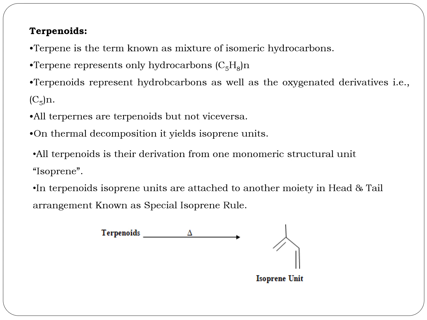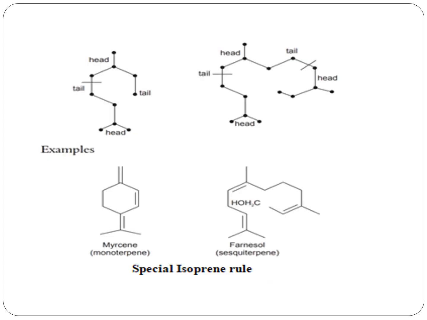All terpenoids derive from one monomeric structural unit known as isoprene. In terpenoids, isoprene units are attached to one another in head and tail arrangement, known as the special isoprene rule. If you see, this is the head and tail arrangement of isoprene units, which is the special isoprene rule.